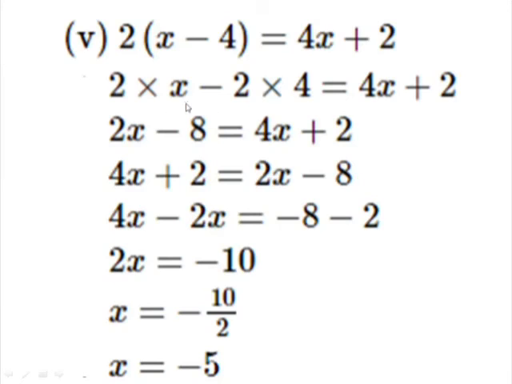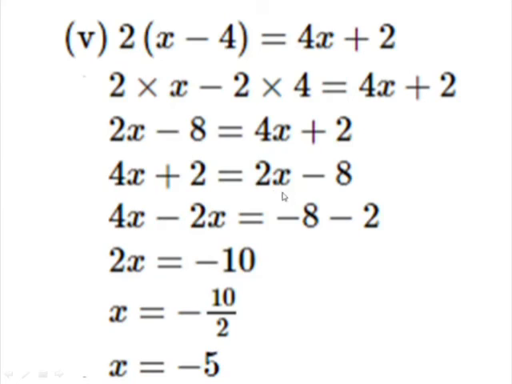Now here 2 multiplied by x is 2x minus 2 multiplied by 4 is 8, and here right hand side will remain as it is. Now again, if you look here, the coefficient of x is bigger in right hand side than the coefficient of x in left hand side. So we will interchange the left hand side and right hand side. We will take 4x plus 2 in left hand side and 2x minus 8 in right hand side.